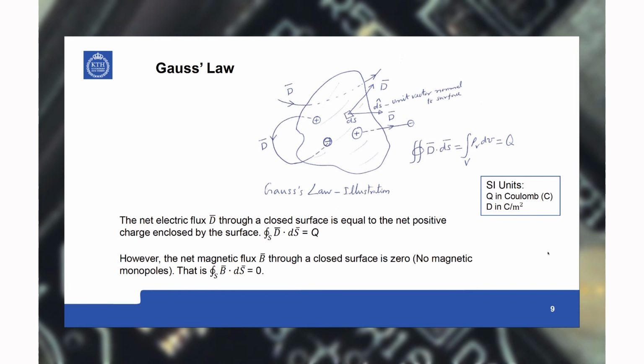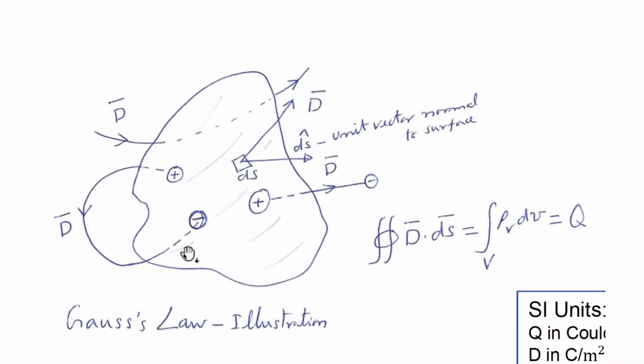Now look at Gauss's law. Imagine a closed surface. It can be your plastic bag or balloon where the end is tied up, so you don't have any open end. It can be of any shape.